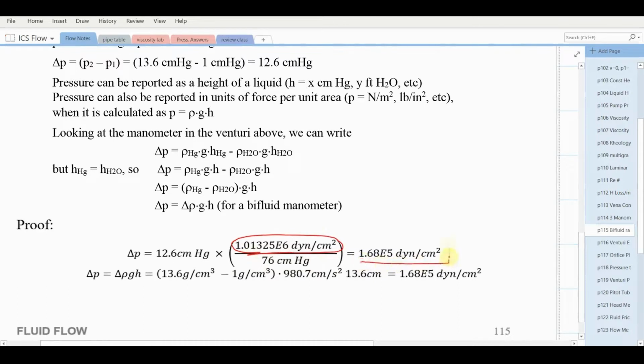So we get a value of pressure difference of 1.68 times 10 to the 5 dynes per square centimeter. Using this pressure depth equation, delta rho g h, we have 13.6 grams per cubic centimeter minus 1 gram per cubic centimeter, which is 12.6 grams per cubic centimeter, times the gravitational constant times the height, is in fact the very same pressure.